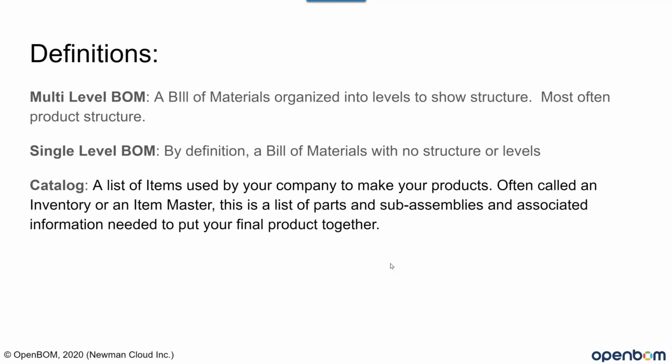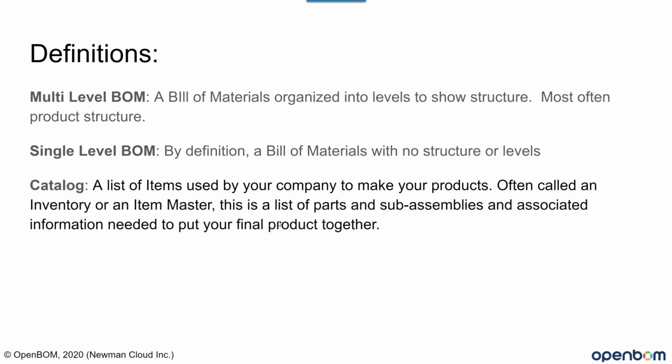The topic for today is multi-level bills of material. Let's talk about what a multi-level bill of material is real quick. It is a BOM that's organized into levels. We may have called them indented bills of material in the past. Some people may call them structured. We refer to them here as multi-level.